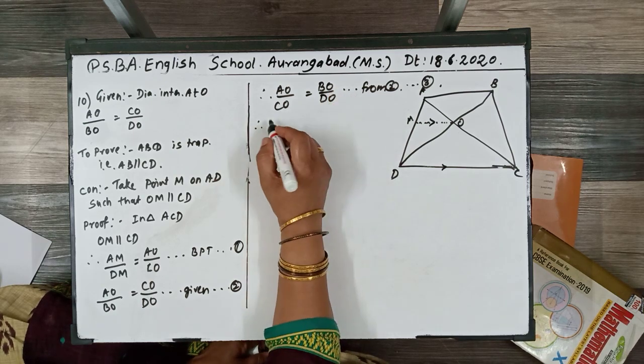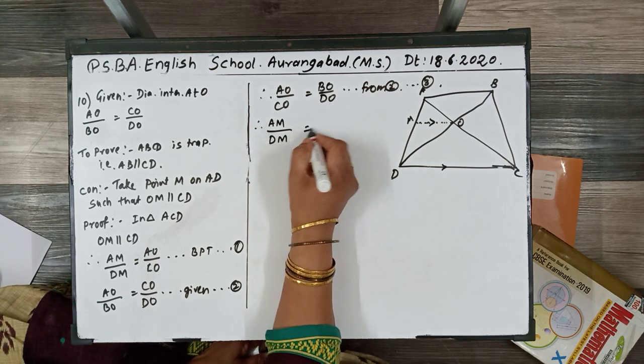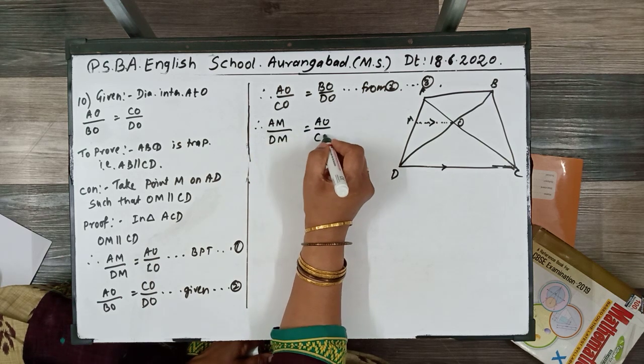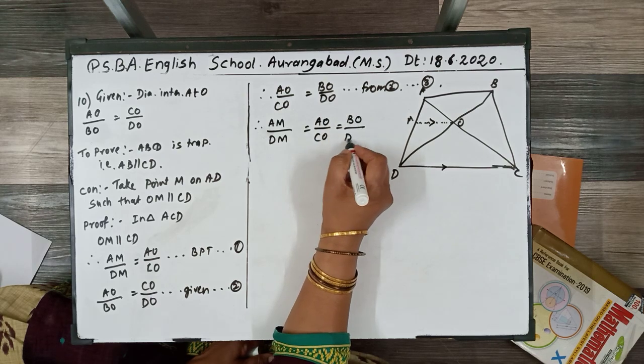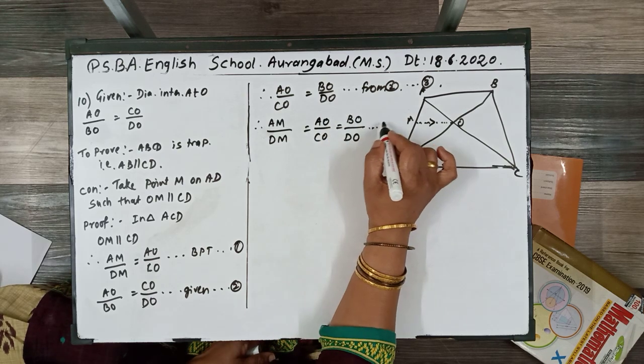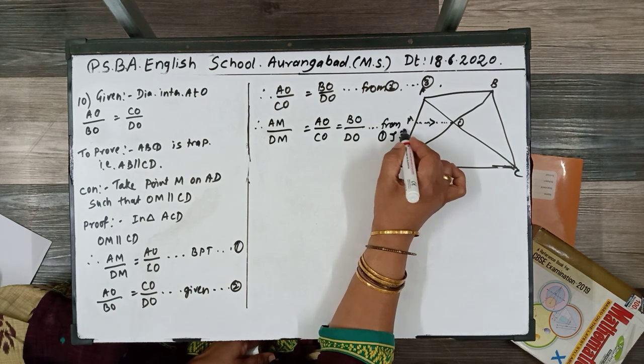Therefore, we will write AM upon DM is equal to AO upon CO is equal to BO upon DO, and the reason will be from 1 and 3.